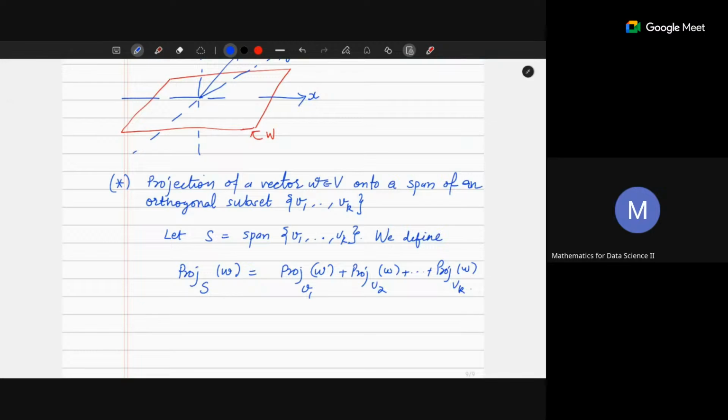So this is how we obtain the projections. In shorthand notation, you can simply write it as the sum of the projections of W with respect to Vi, where i varies from 1 to k.